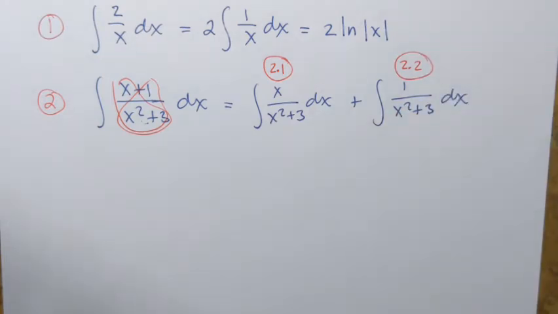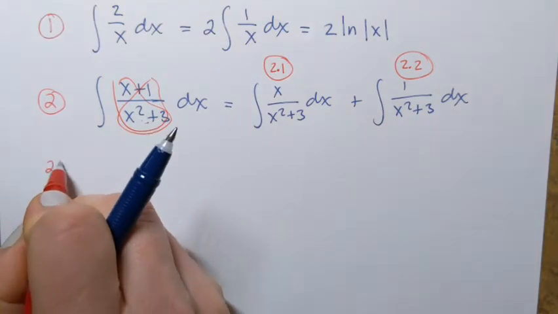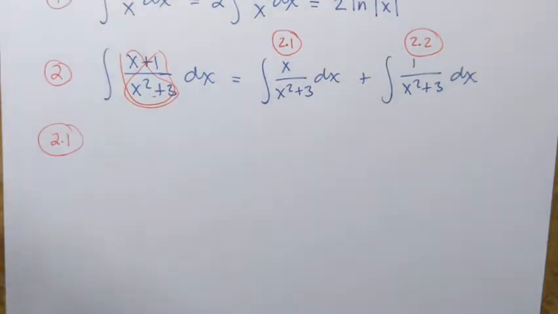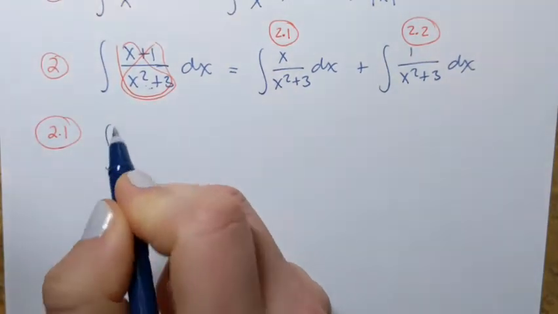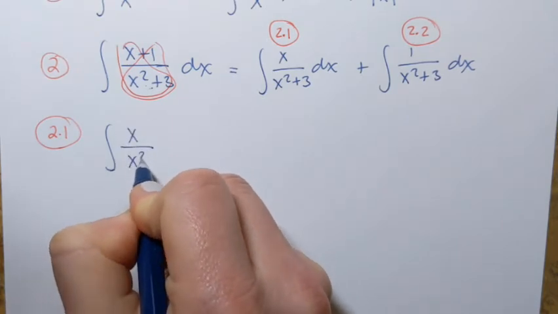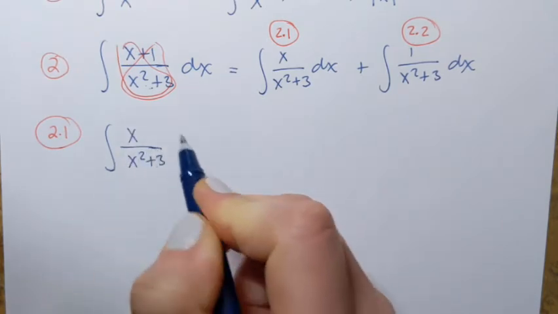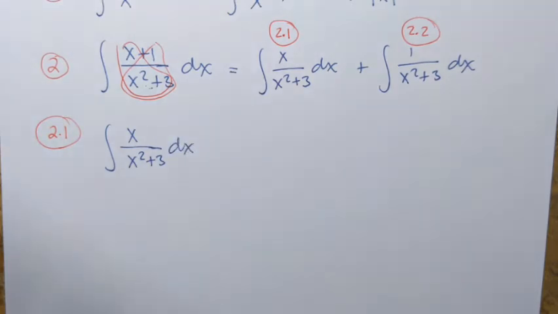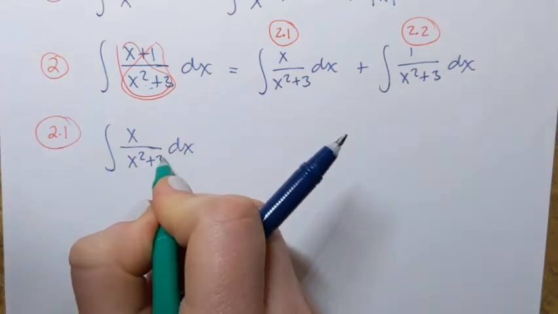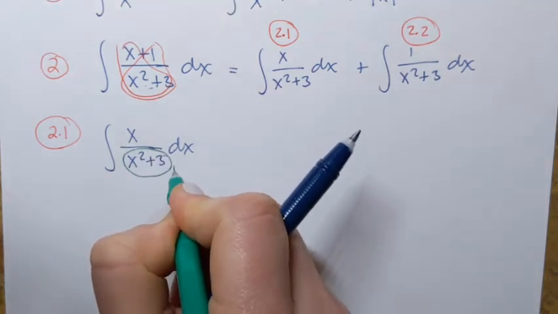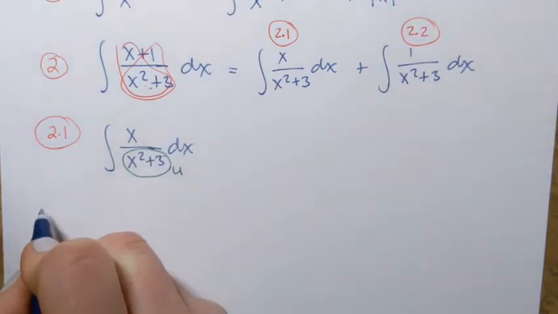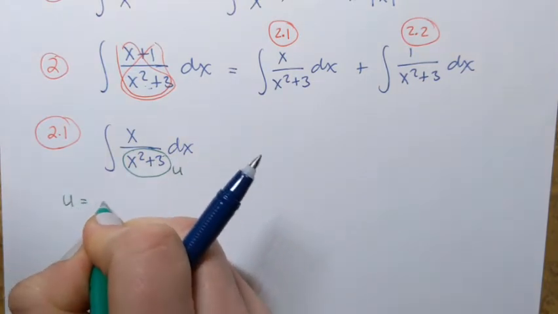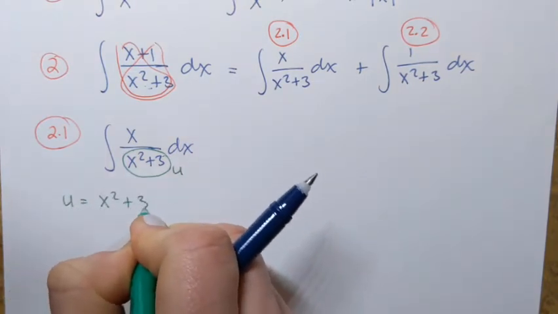Okay, working on 2.1. Since I have x and then x squared plus 3, I think we can just apply the basic substitution rule here, right? What if u is x squared plus 3?